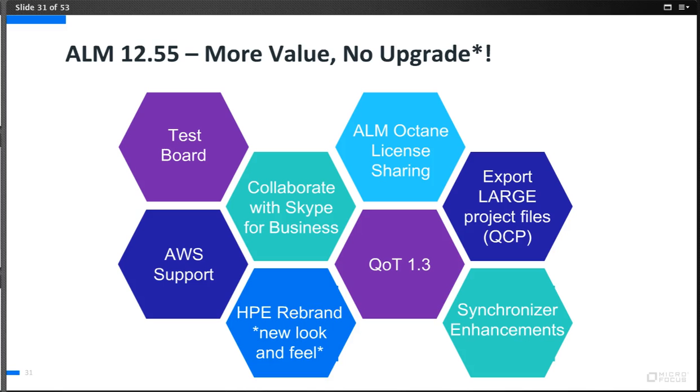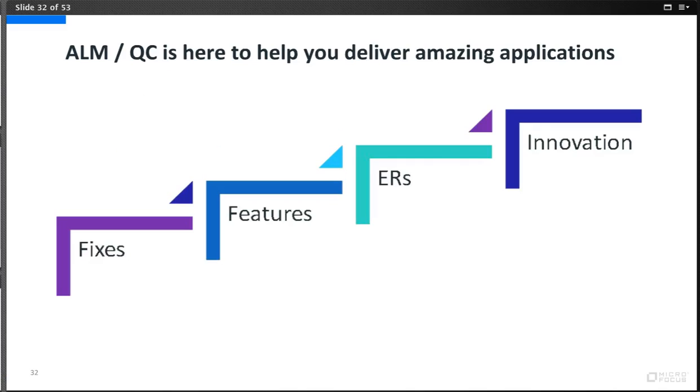So this is just a quick list of what's in it for you. These are some of the new capabilities. We went over lots of slides, but again, we're able to do new test support. We have AWS support. We have the quality of things, collaboration, license sharing, exporting, and synchronizer enhancements. All of these are things that are going to help you on a day-to-day basis speed up your time to delivery and make your job simpler with ALM and QC.